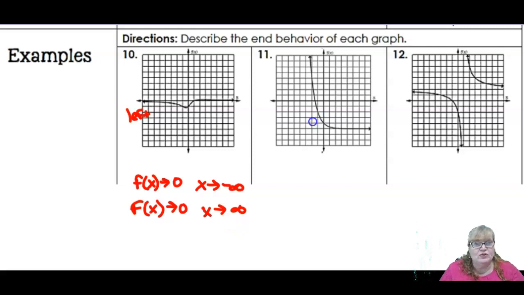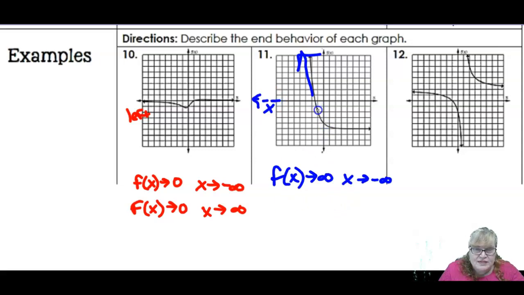Now this is one where only one of the directions is approaching a singular value. This one is going up, up, up on the left. So we say it's going up towards infinity as x goes left, which means -infinity, because x is getting more and more negative as we go this way.